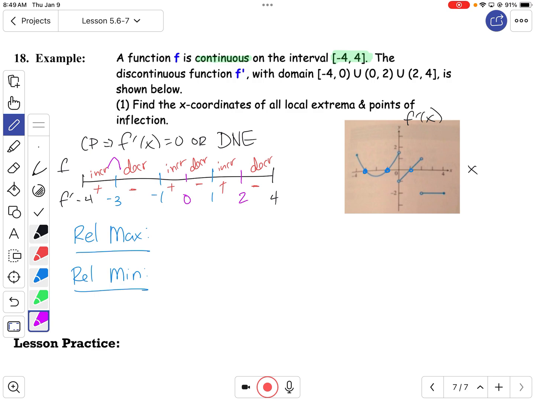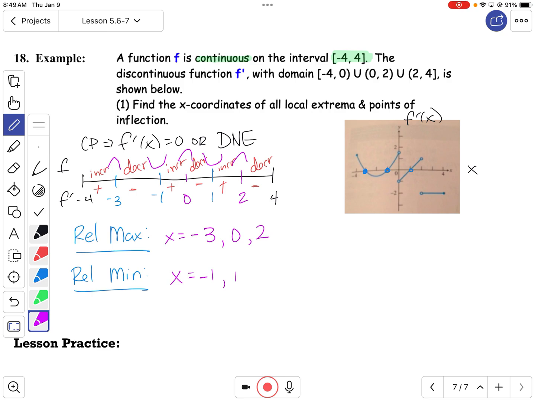So I'm going to have a relative max at negative 3. What's going to happen at negative 1? A minimum. What's going to happen at 0? Max. What's going to happen at 1? Min. And then what's going to happen at 2? A max.